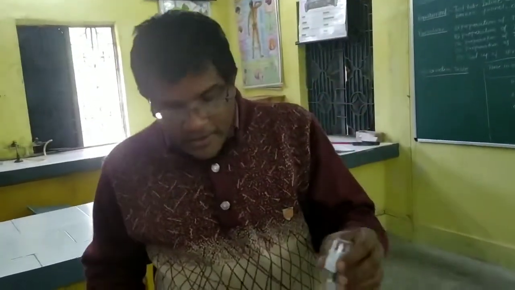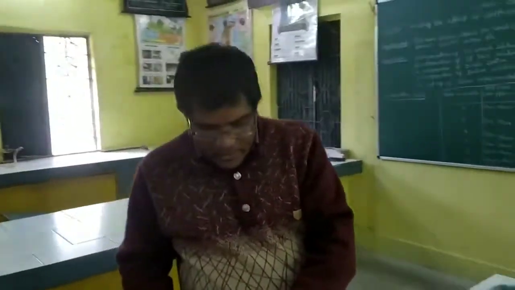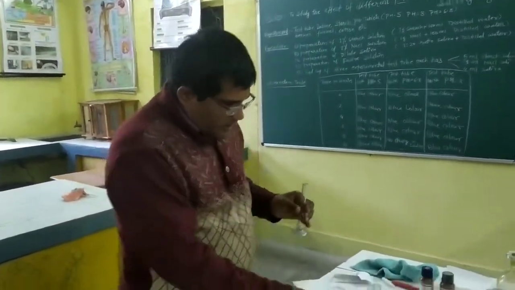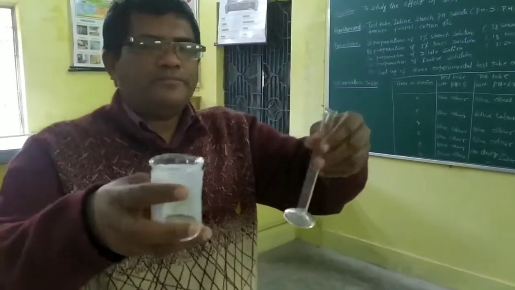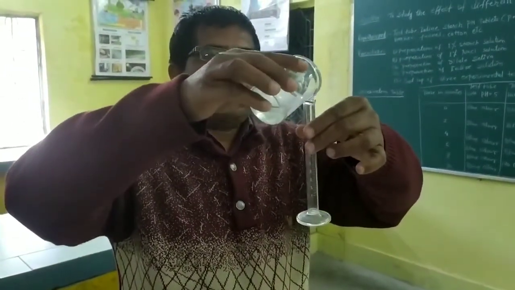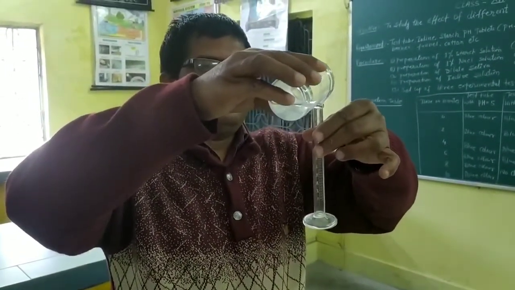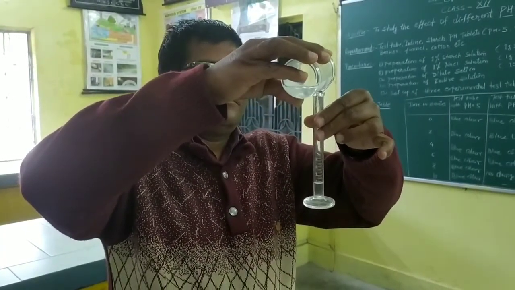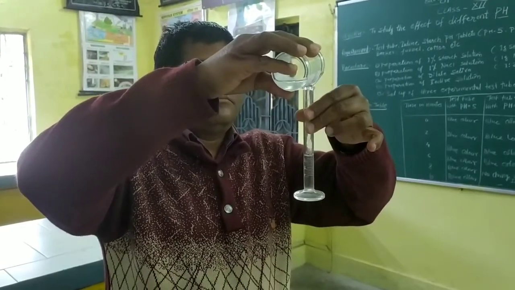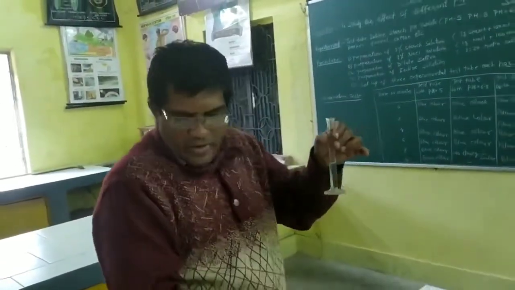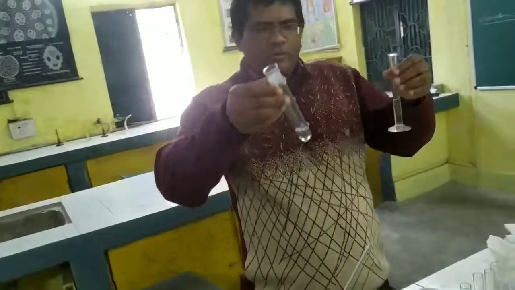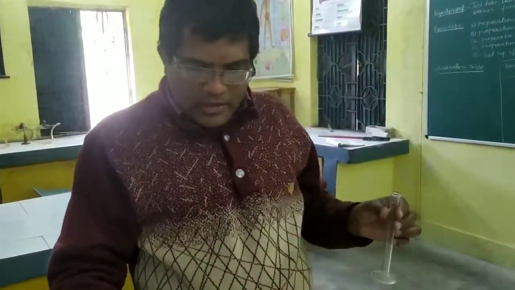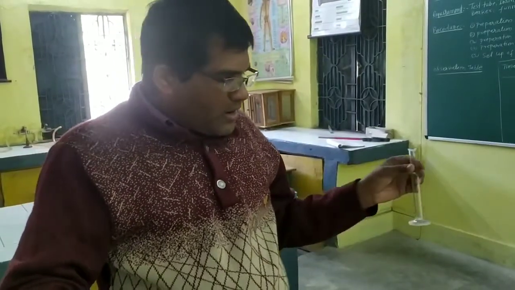The third important part is the saliva. I have to take 4 ml of the saliva, and in this test tube I am taking the 4 ml of saliva. In the other test tube also I have to take 4 ml of the saliva.